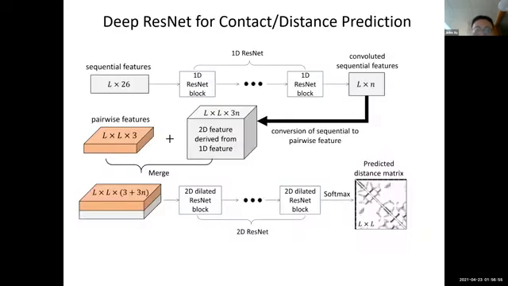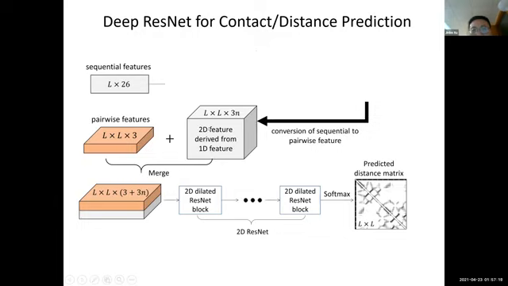Here is the network architecture. Since we have two kinds of features, we use two kinds of residual network. We feed the sequential features into the 1D residual network, and then convert them to pairwise features. Then we feed the pairwise features into the 2D residual network, and finally we get the prediction.